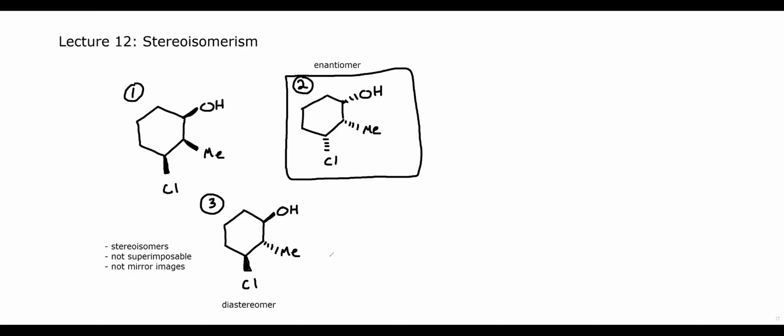Now there's a lot of different diastereomers we could draw. Let's draw another one. Let's change the oxygen. Let's change the methyl. And let's leave the chlorine the same. There's another diastereomer we could draw. To draw a diastereomer, all you do is you change a fraction of the stereocenters. Let's draw that up here.